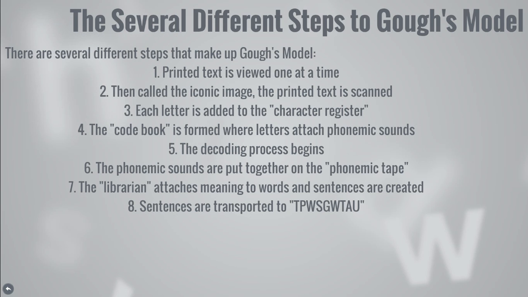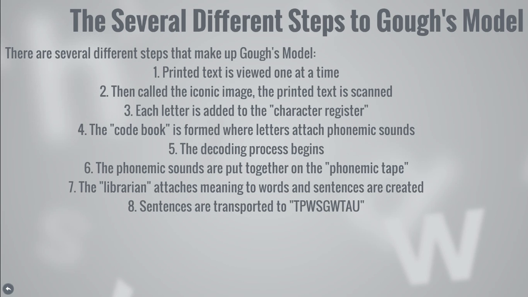Then, called the iconic image, the printed text is scanned for anything, different sounds, different letters, all that. After that, each letter is added to the character register, and the character register is where all the different letters get put, so they can be deciphered and broken down even more in the next step.